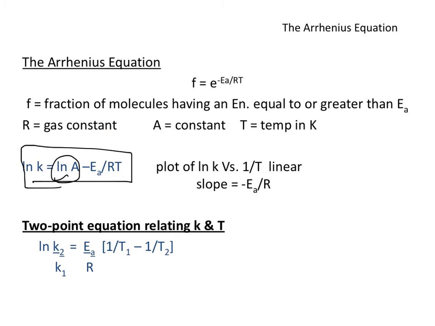This is going to be a constant which is going to depend on the material in question, and T is of course the temperature in Kelvin, R is the gas constant, Ea is the activation energy.